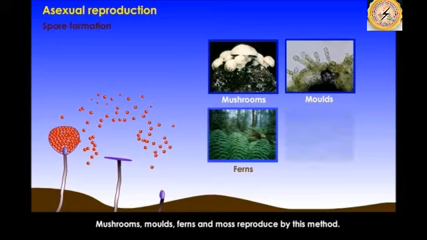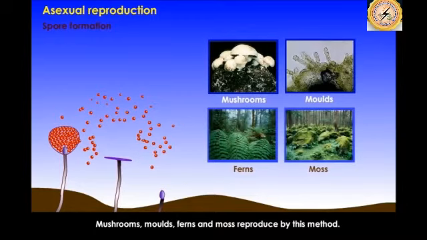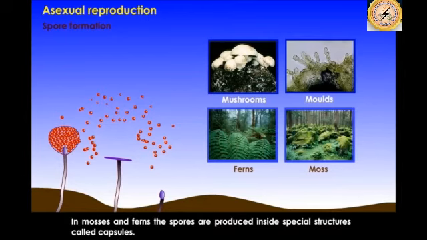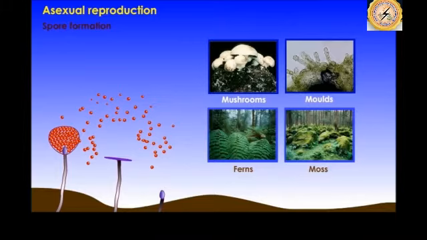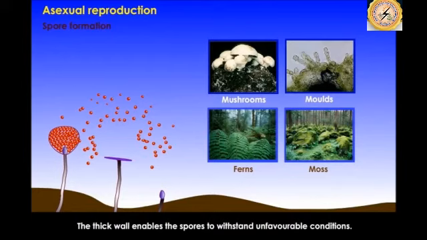Mushrooms, molds, ferns and mosses reproduce by this method. In mosses and ferns, the spores are produced inside special structures known as capsules. And a thick wall enables the spores to withstand certain unfavorable conditions.